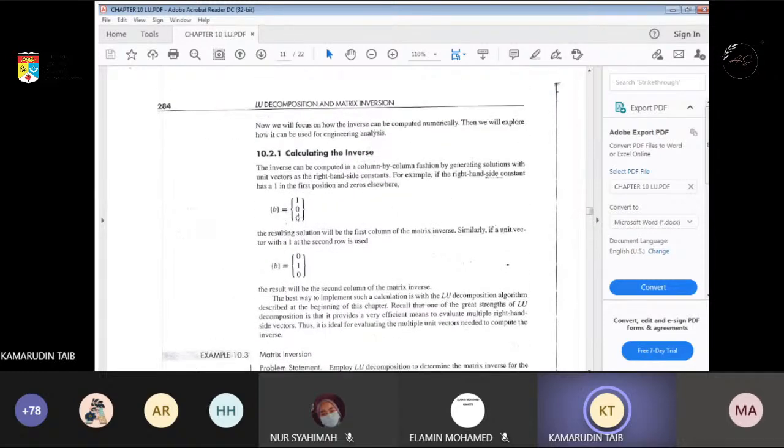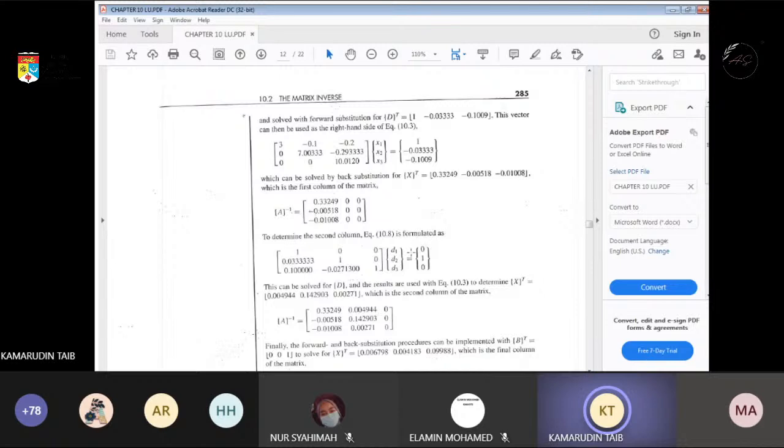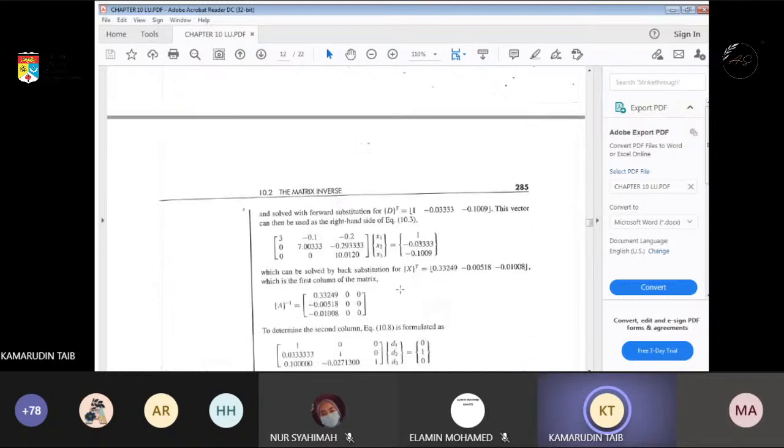First we use 1, 0, 0, and then 0, 1, 0, and then 0, 0, 1. So we use 0, 1, 0, and then we use forward substitution. We get the D. After we got the D, just like before, but they don't show you the detail now, that becomes the right hand side of the x1, x2, x3, which constitute the second column of the inverse matrix.